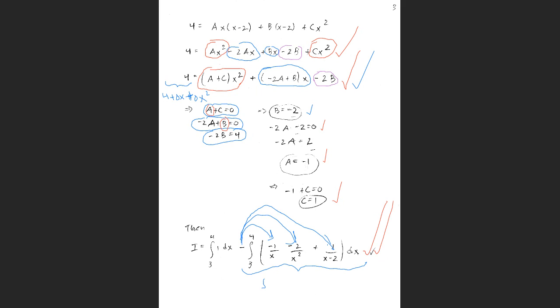And so this would give us the integral from 3 to 4 of 1 over x dx plus the integral from 3 to 4 of 2 over x squared dx, then minus the integral from 3 to 4 of 1 over x minus 2 dx, right?